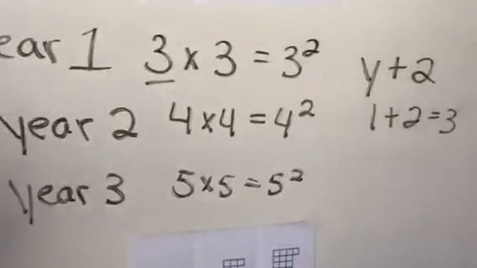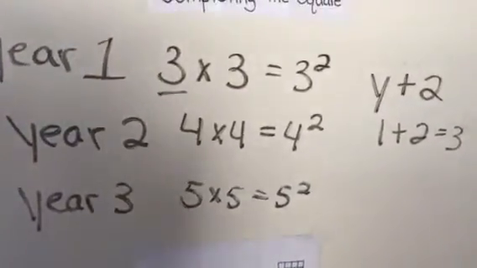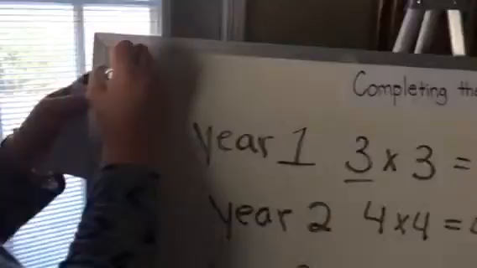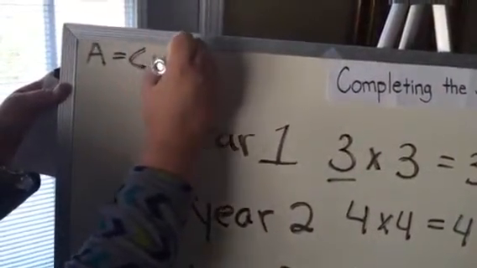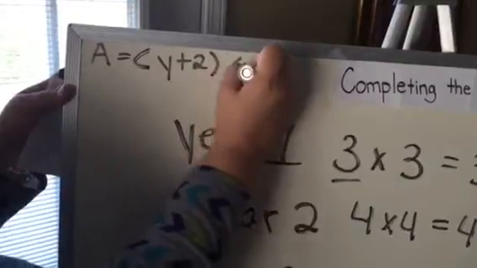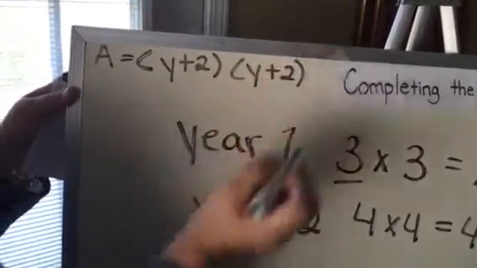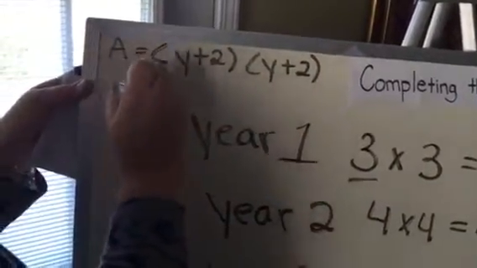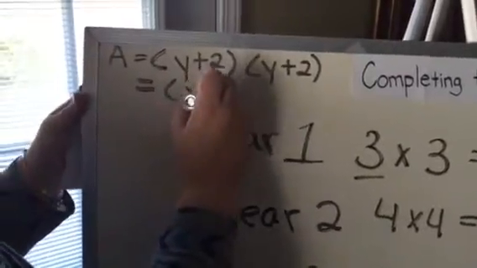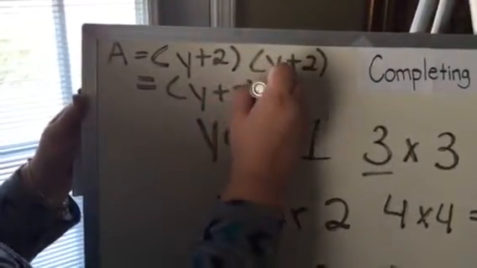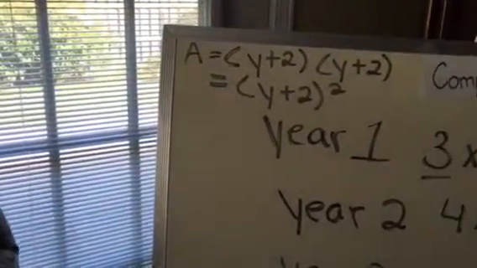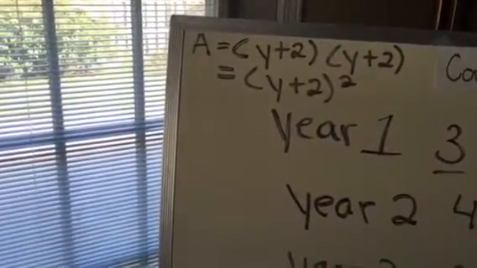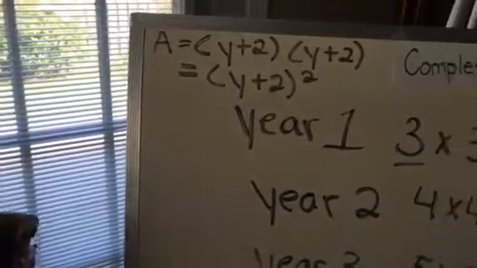Therefore, the equation for the area of the square is area equals y plus 2 times y plus 2, or area equals y plus 2 squared. Let's test this equation for year 2 and year 3.